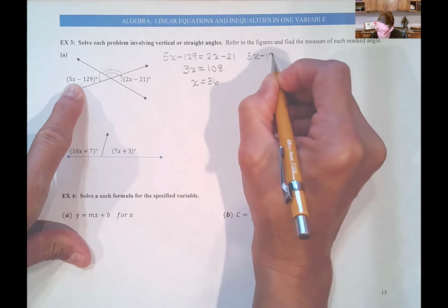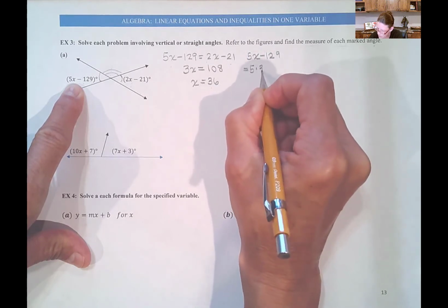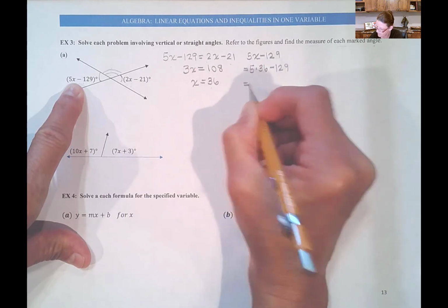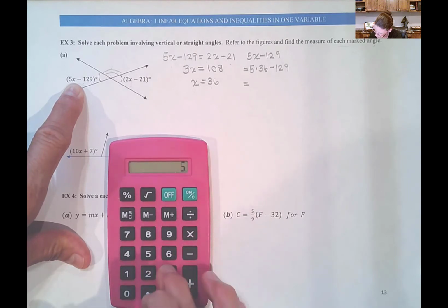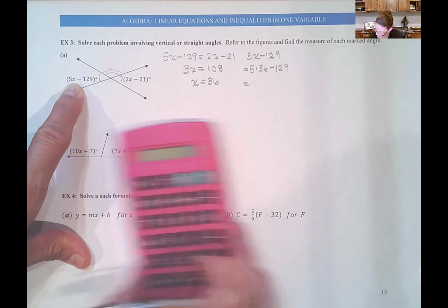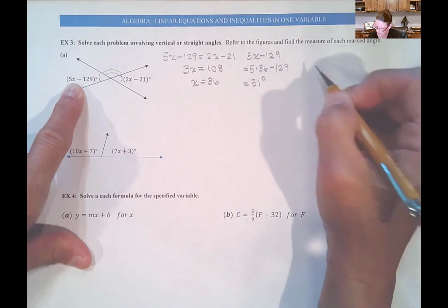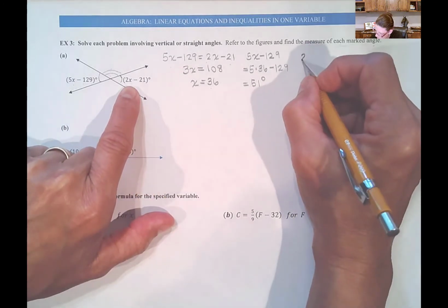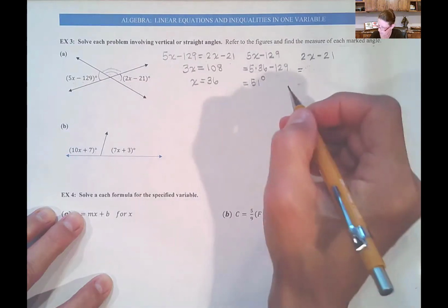5x minus 129 is 5 times 36 minus 129, and let's compute that: 51 degrees. Now let's evaluate our second expression, replacing x.